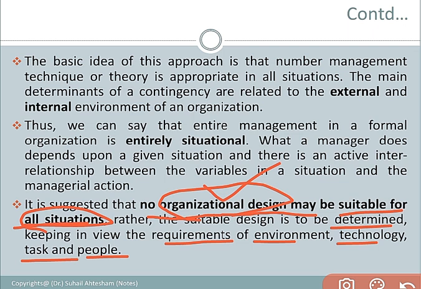This is the introduction of the contingency approach, which tells that a different type of strategy and planning has to be adopted by the manager to overcome the barriers, the different situations and environmental conflicts in the formal organization, right?